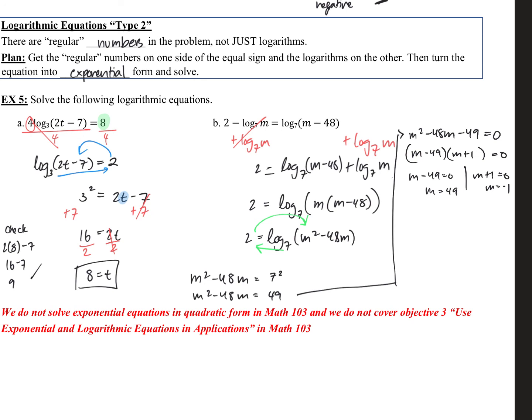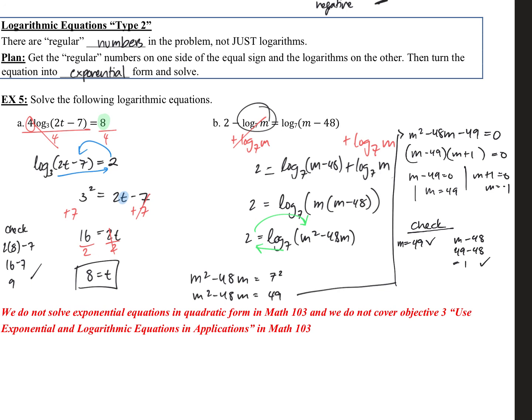So once again, this is logarithmic, so we need to check our answers. And for the first logarithm, log base 7 of m, if I plug in 49 into that, it checks out. And if I plug into m minus 48, so 49 minus 48, that turns into 1, so that also checks out.